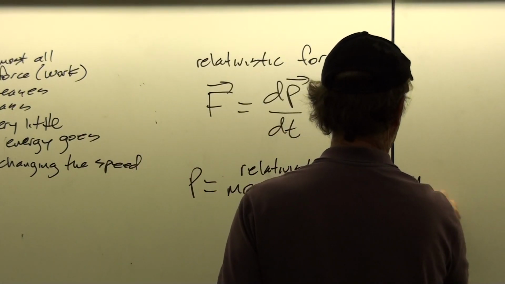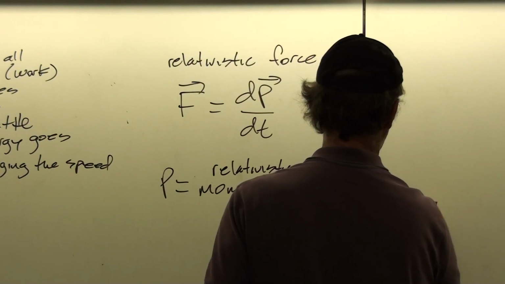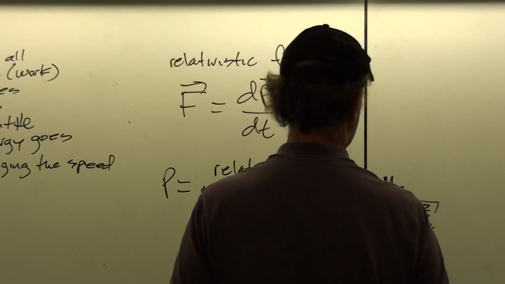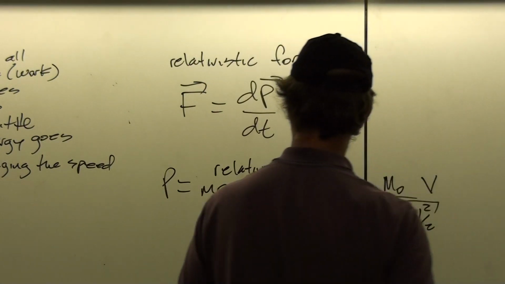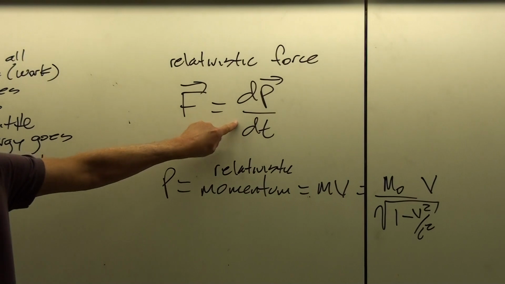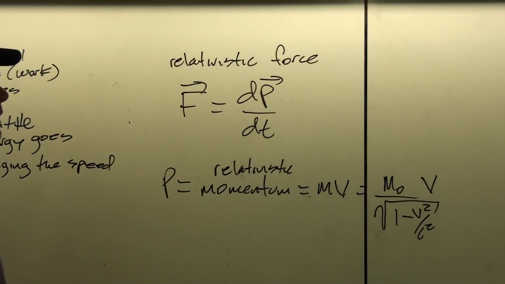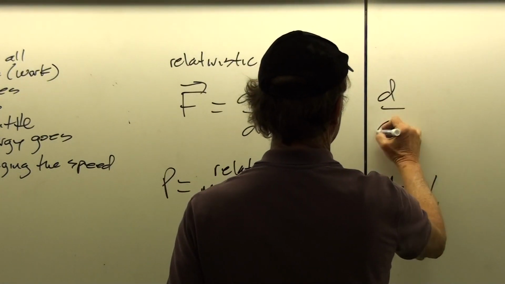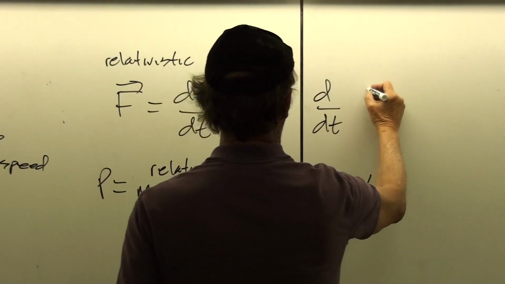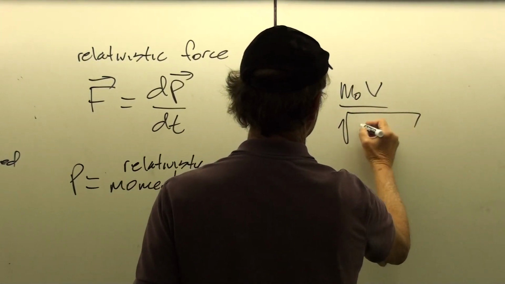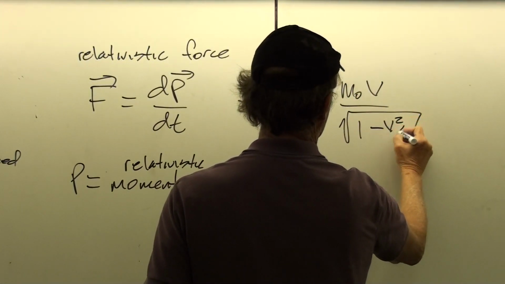So that'll be m naught divided by the square root of 1 minus v squared over c squared, times v. And then we're going to need to take the derivative of that to get the relativistic force. Okay, and so this is going to be d/dt of m naught v divided by root 1 minus v squared over c squared.